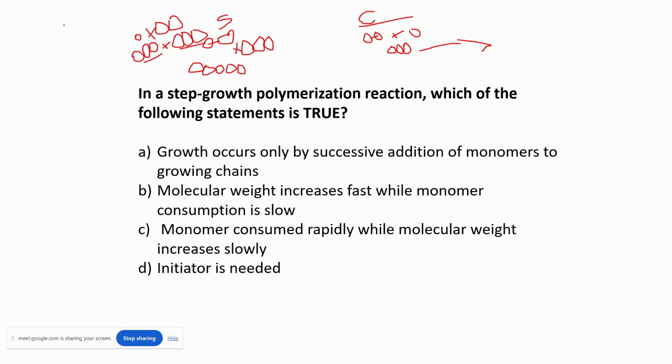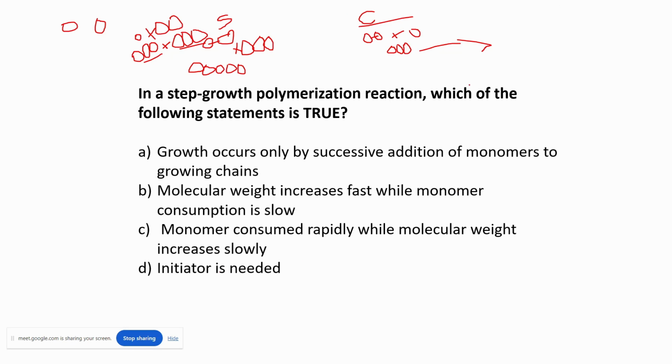But in step reaction there is a mixture of single units, double units, triple units, so there are very small chains. So monomer is consumed rapidly to form these different small units, while the molecular weight increases very slowly.